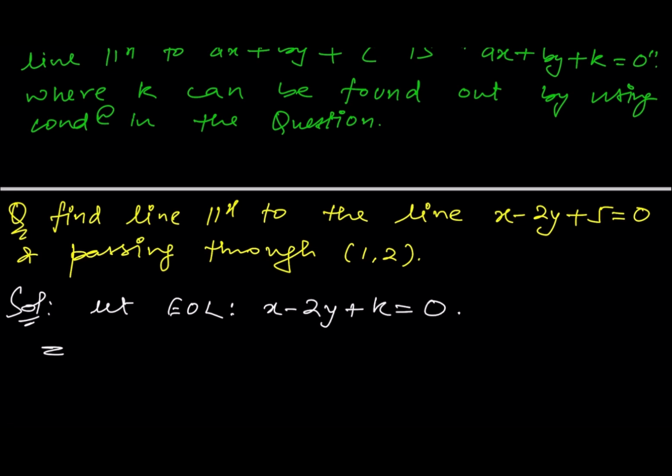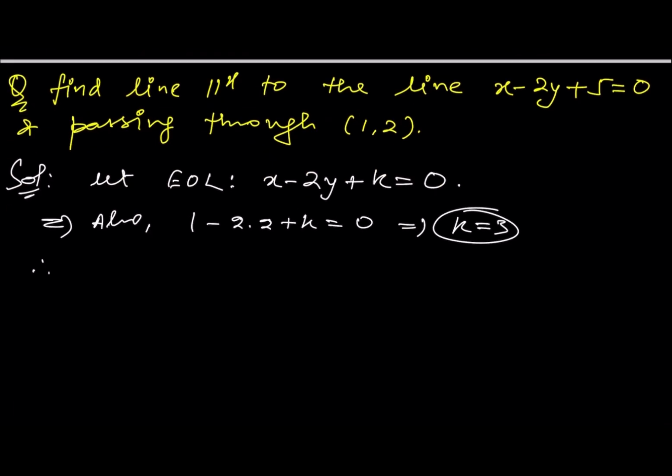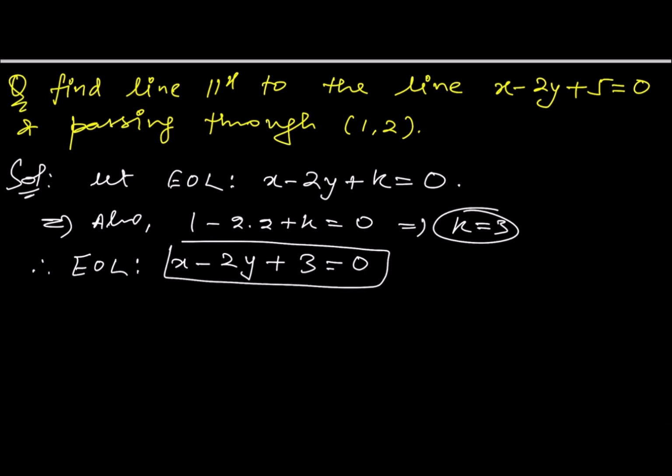Okay, and also it is passing through (1, 2), so I can put 1 and 2 in place of x and y. So 1 minus 2 into 2 plus k is equal to 0, which implies k is equal to 3. So finally the equation of the line will become x minus 2y plus 3 is equal to 0, which is the required equation.